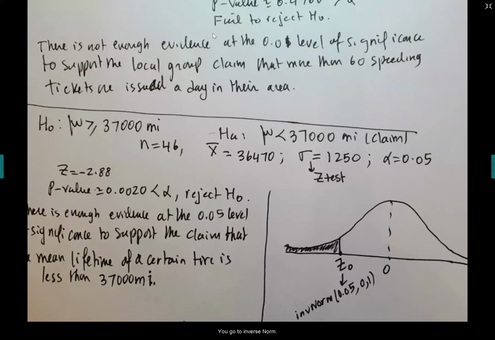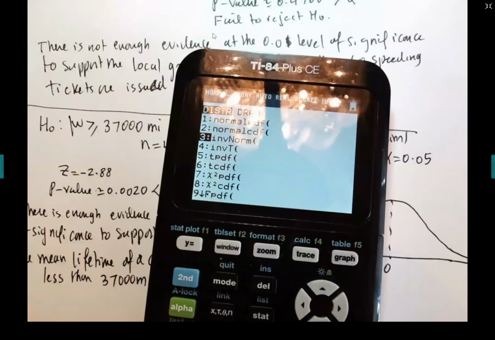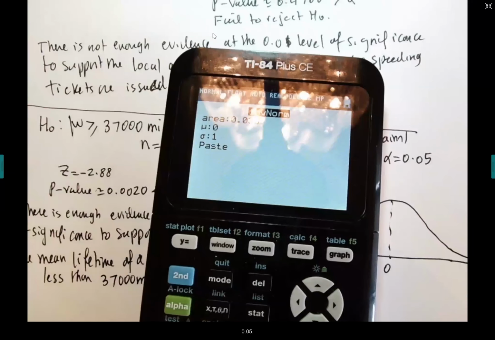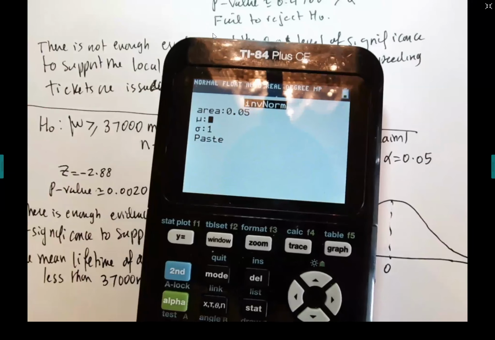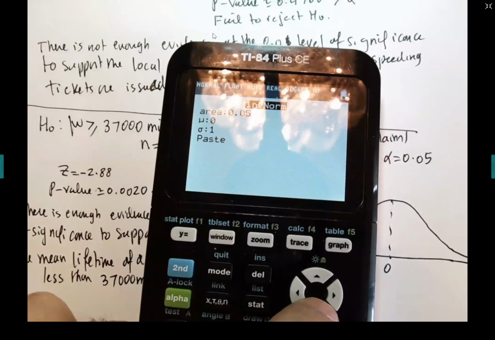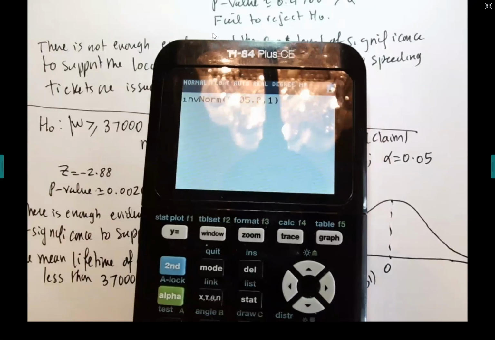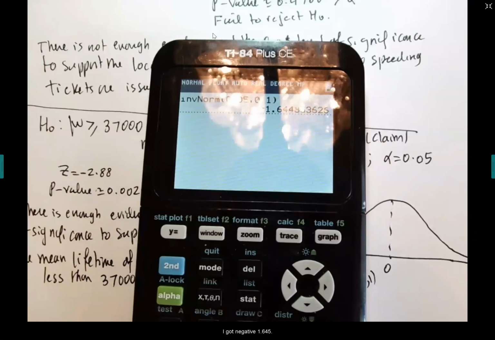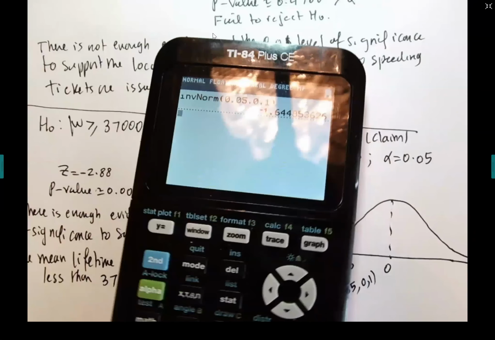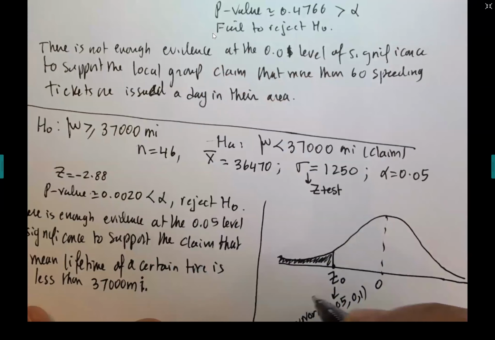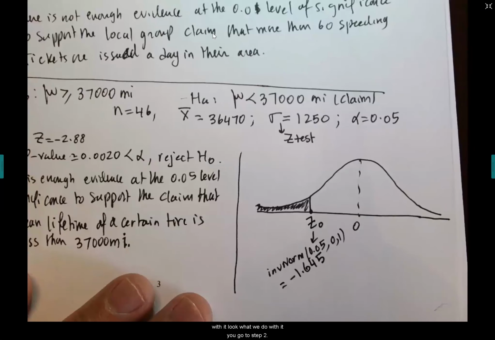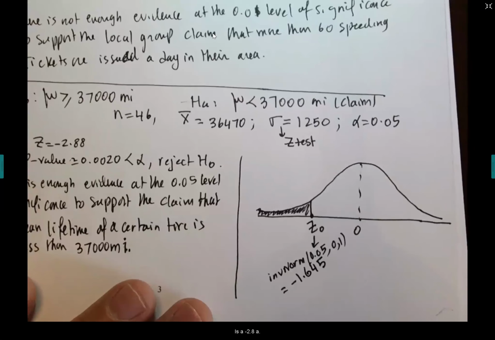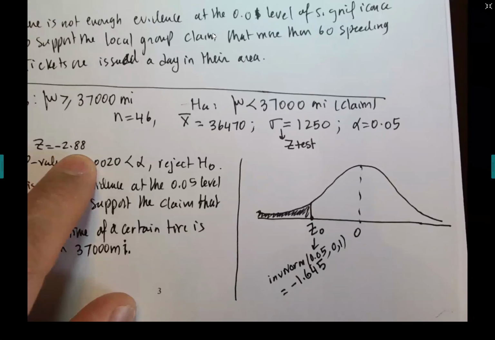You go to inverse norm, 0.05, 0, 1. I got negative 1.645. Now we found the critical value. What do we do with it? Look what we do with it. You go to step 2, which is the negative 2.88.